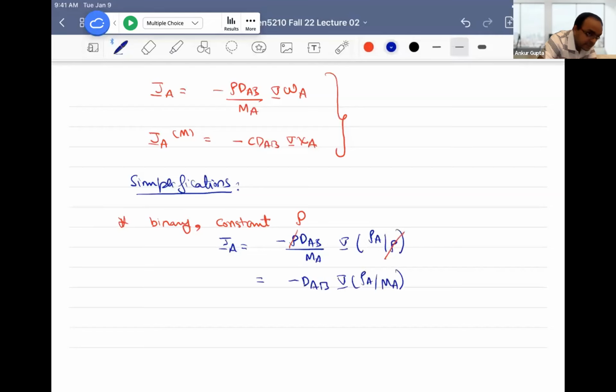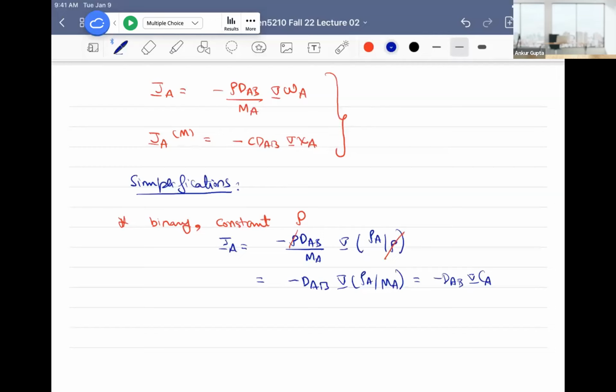I just taken MA inside to keep it simple and show this becomes gradient of CA. Okay, and I believe many of you would have seen this definition that the flux is actually diffusivity times gradient of the concentration. Okay? But this is not always true.